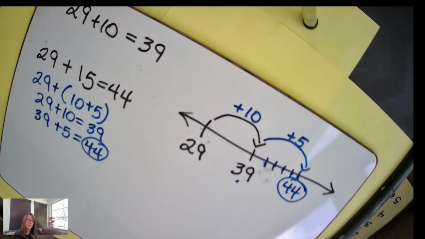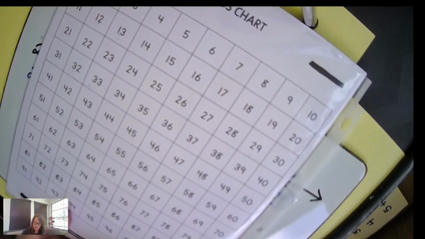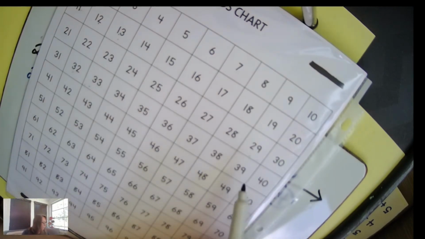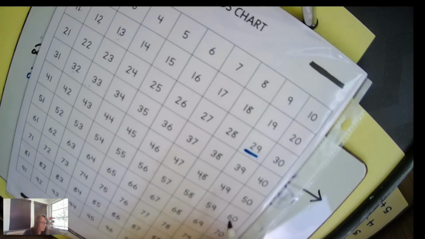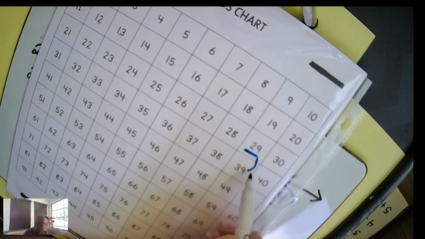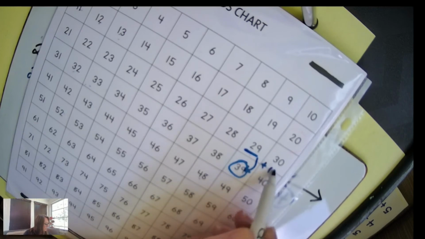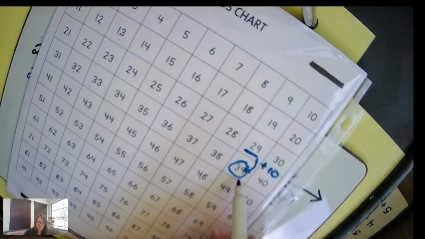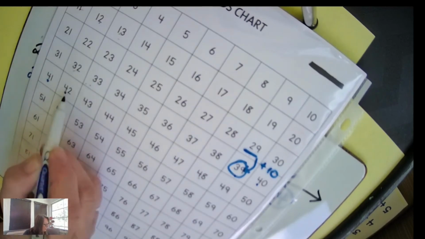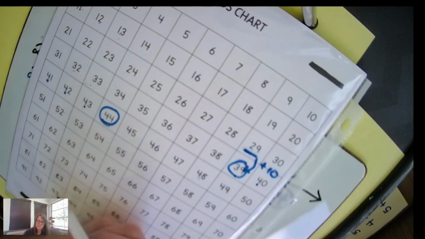Did anybody think of it differently? All right, so Sarah says that she was using the hundreds chart. And she saw the number 29. And 29 plus 10, this is plus 10, is 39. And then plus 5 more is 1, 2, 3, 4, 5, 44.